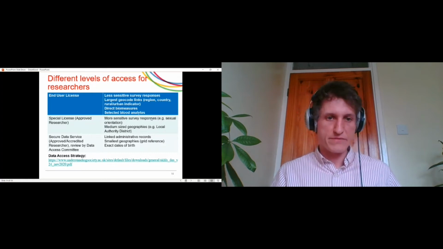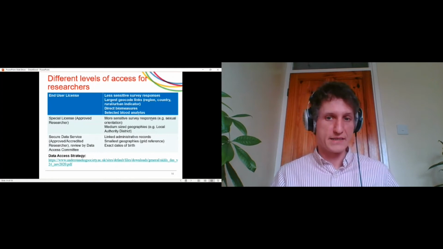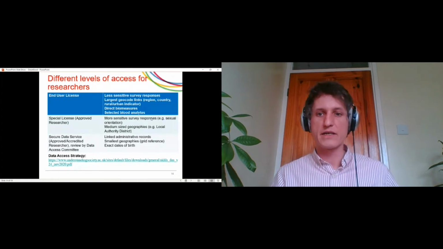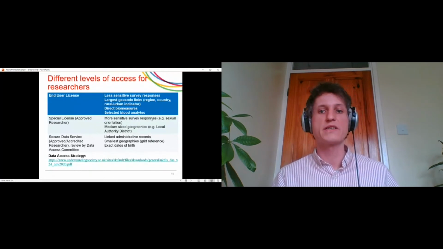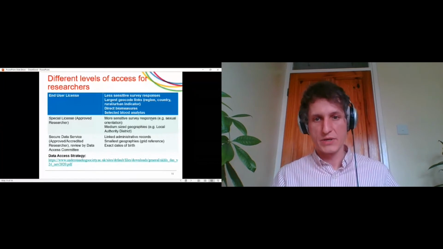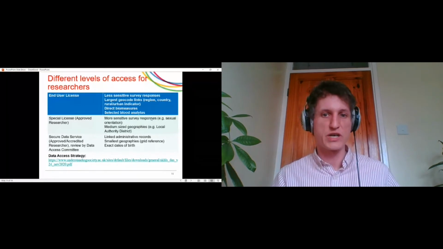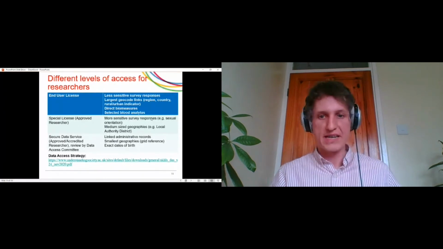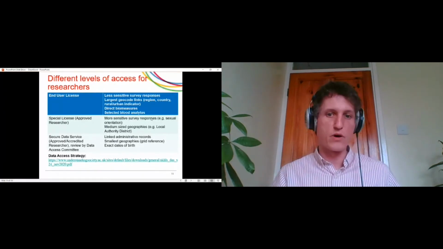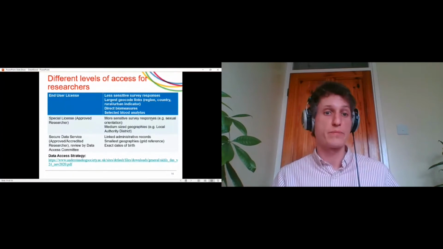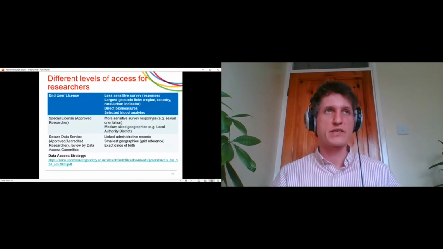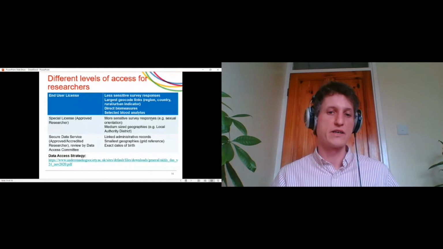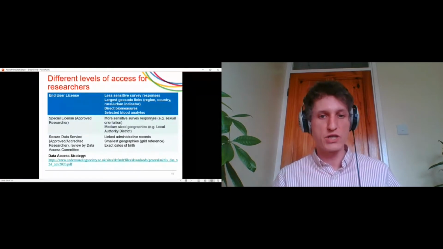However, there are some variables which are more sensitive, an example is sexual orientation, or more disclosive, such as some geographical variables. In the end user license, you get three such variables: region, country, and rural urban indicator. If you need something below that, for example local authority district, then you need to apply for a special license. Here the process is more strict and slightly longer. You need to provide a rationale for why you need these variables.